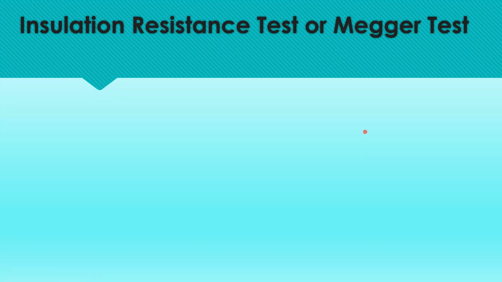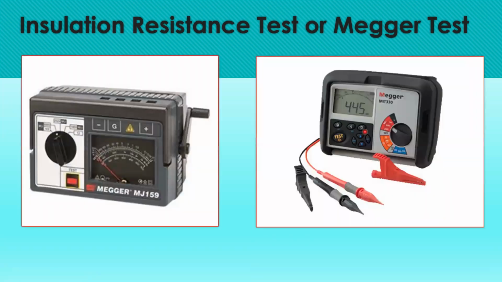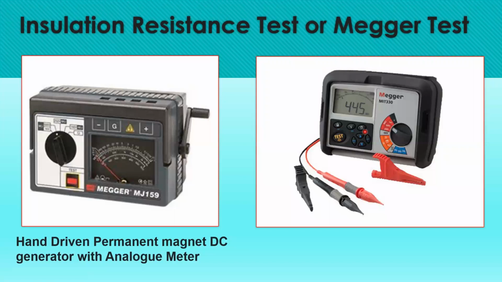Here we have two types. One is an analog meter and one is a digital meter. The analog meter is a hand-driven permanent magnet DC generator, and the digital meter is a battery-operated digital meter. These are the two types of Megger.